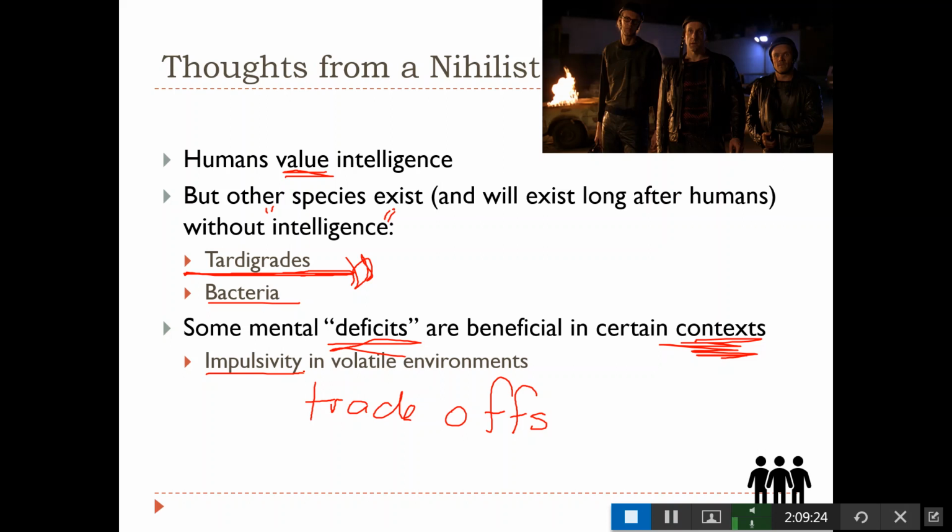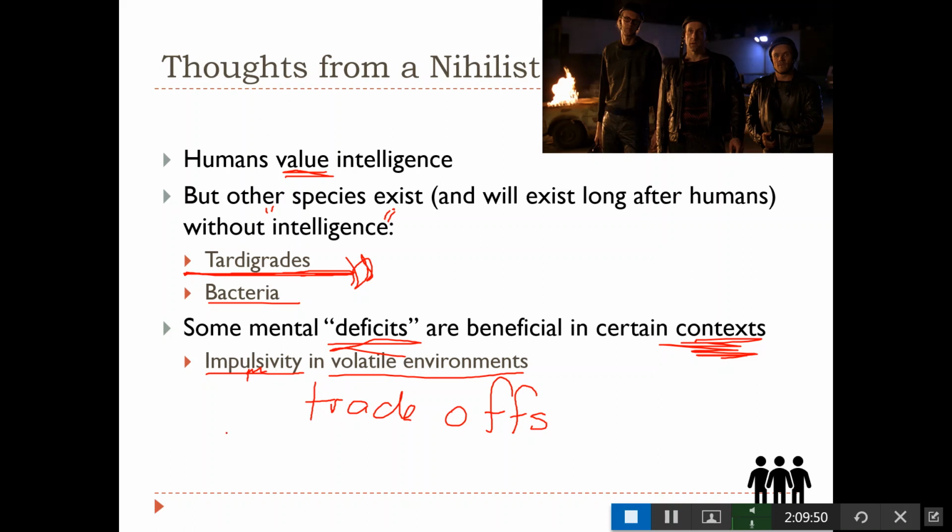So Halloween is a real hard time for me because we buy candy for kids and I'm just eating it up, right? So I'm highly impulsive in that sense, and it makes it really hard because I could have a propensity to develop diabetes, so I got to be careful, right? But in a very harsh environment where maybe food is really scarce, it's good for me to be impulsive and just eat whatever the hell's around, right?